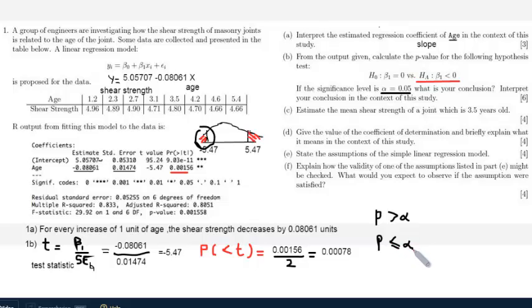As you know, if p is greater than alpha, we do not reject the null hypothesis, and if p is less than alpha, we reject the null hypothesis. So that is the difference.